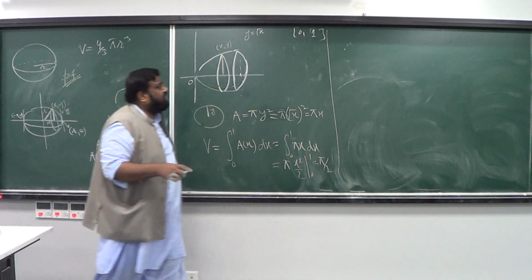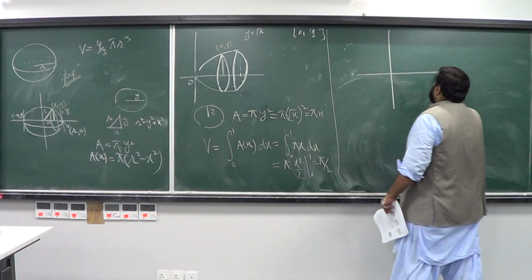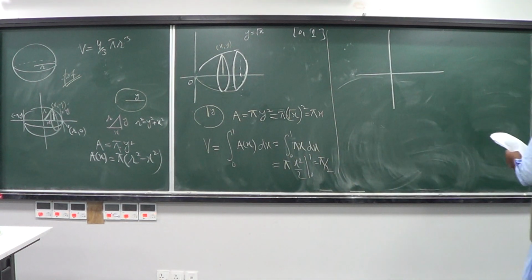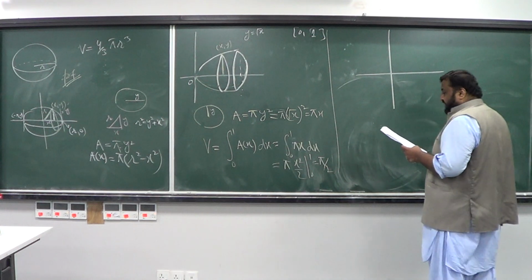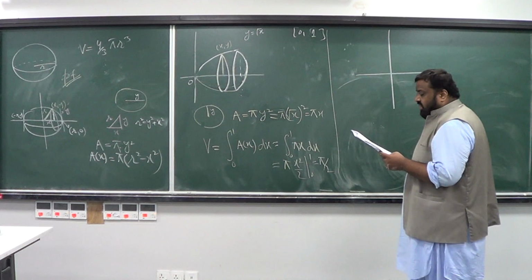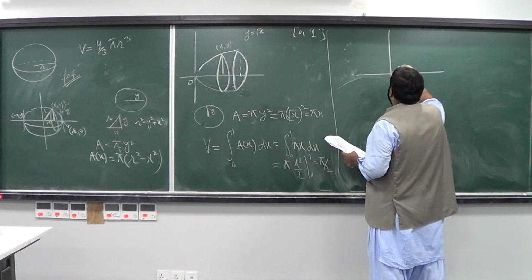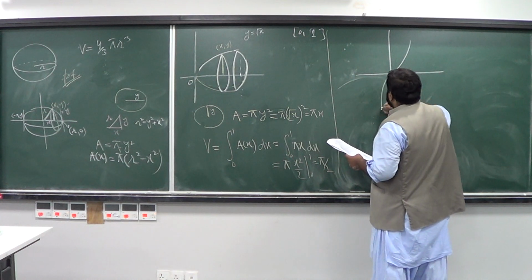How about if I make a rotation around y-axis? In other words, for example, I have this curve. So it says find the volume of solid obtained by rotating y equal to x cube. So what would be y equal to x cube? I know that the graph of x cube looks like this actually.